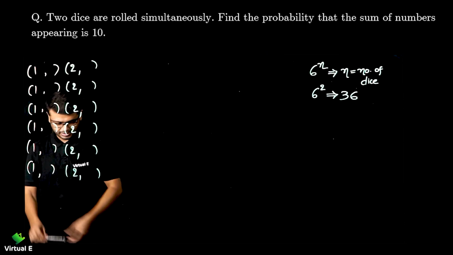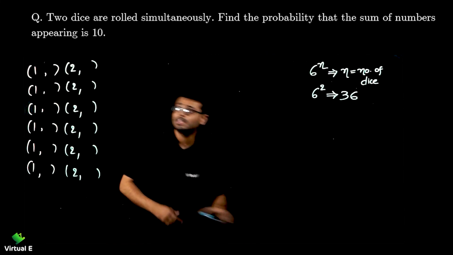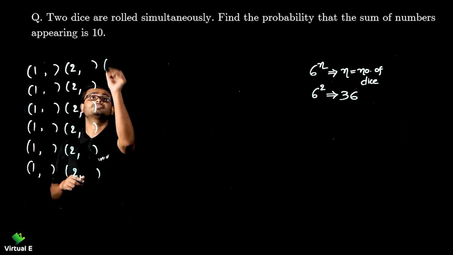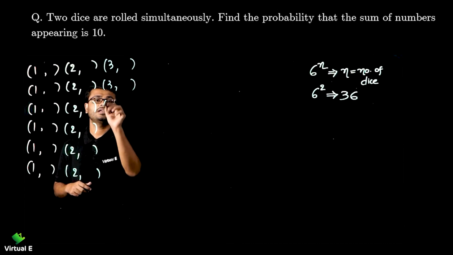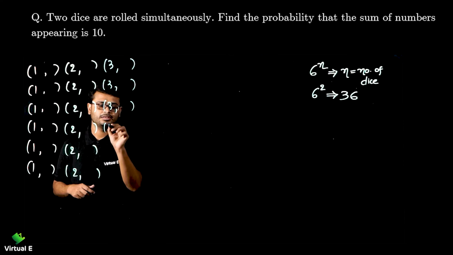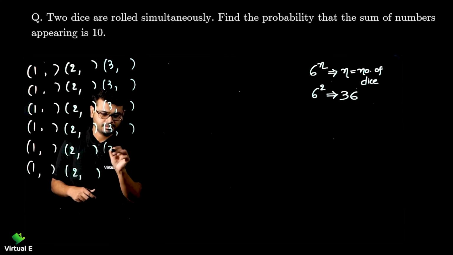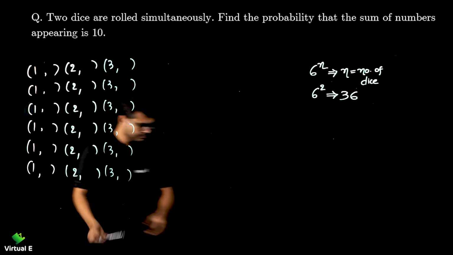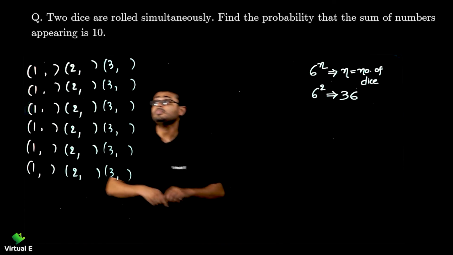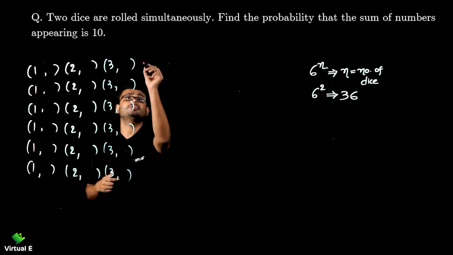Simple. Now let's get the 3 here. So 3 comma, then 3 again, 3 again, 3 again, and 3 as well. Then 4, 5, 6, you can continue.